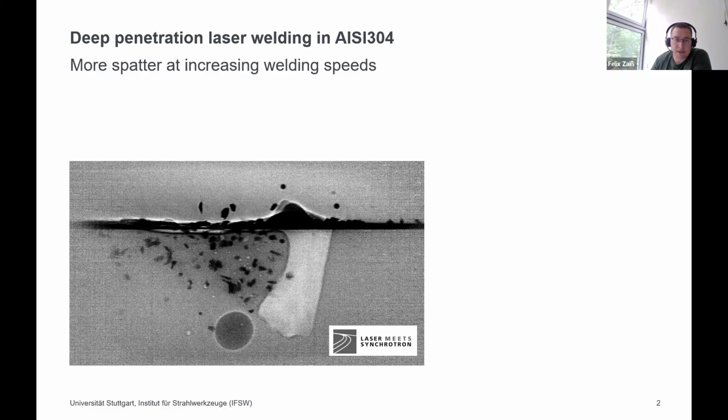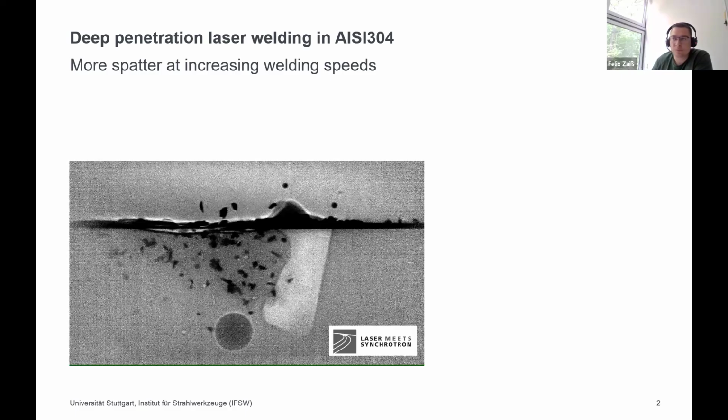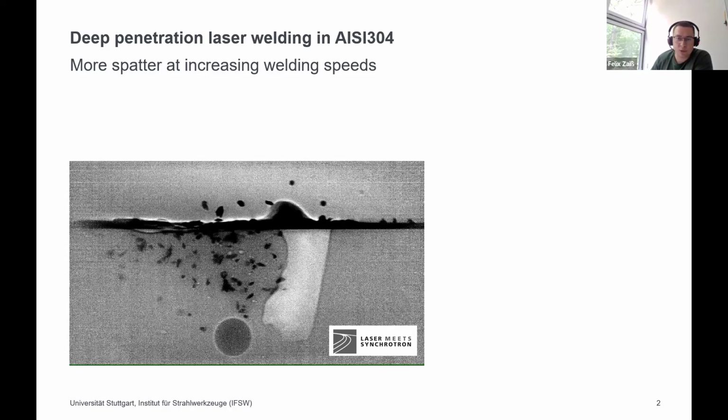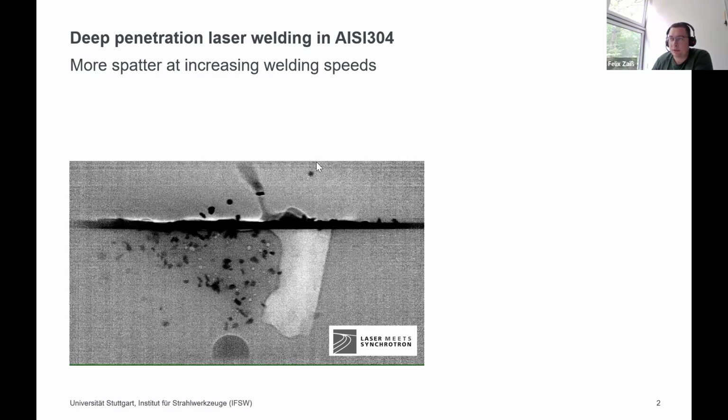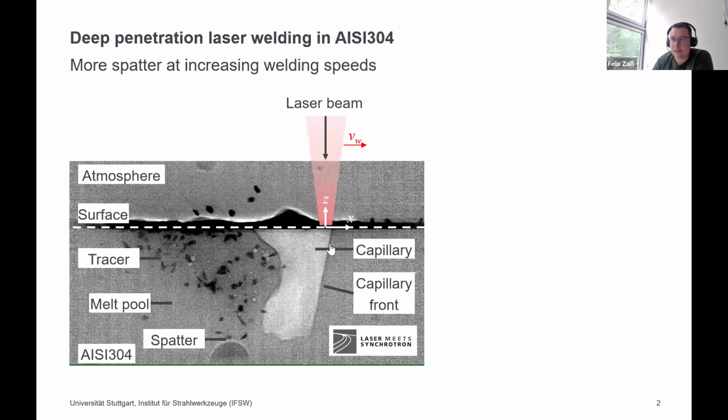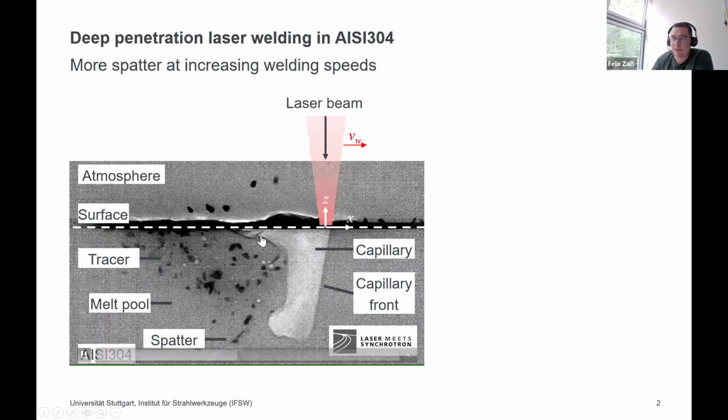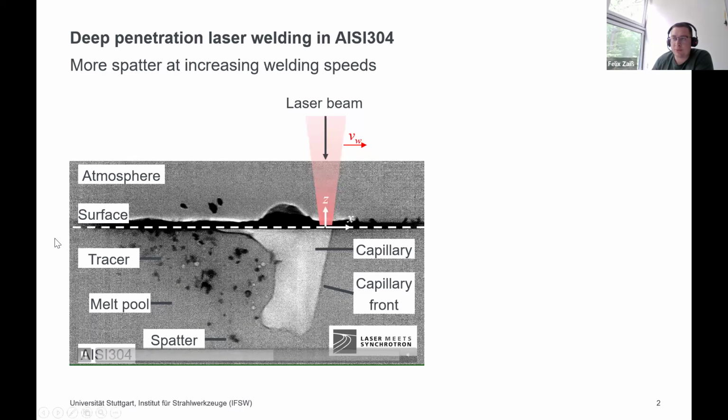To have a better understanding of what causes spatter formation, I showed here a high-speed synchrotron recording of a deep penetration welding process. We see the laser beam hitting the sample surface, creating the capillary. And here in the back, you can see the melt pool.